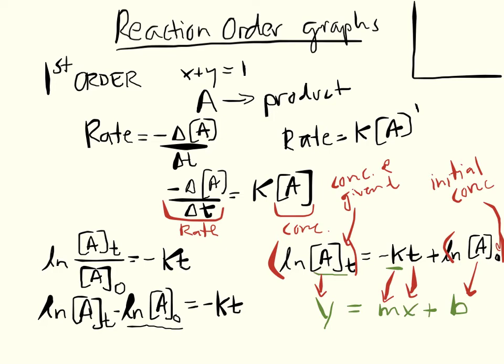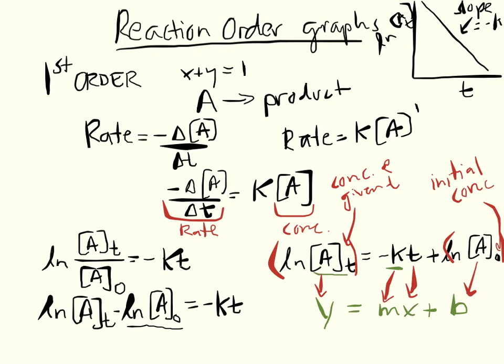So if we plot natural log of A sub t versus t, we'll get a linear graph where the slope is equal to negative k.